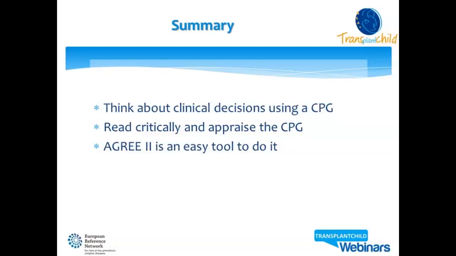That is something sometimes we forget, because we think about the developer of the guideline being a society or institution, and sometimes we don't put an eye on how these guidelines are developed.